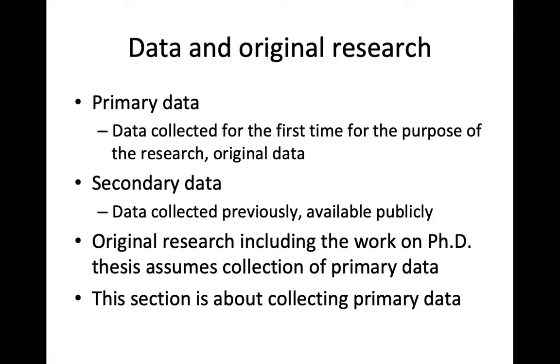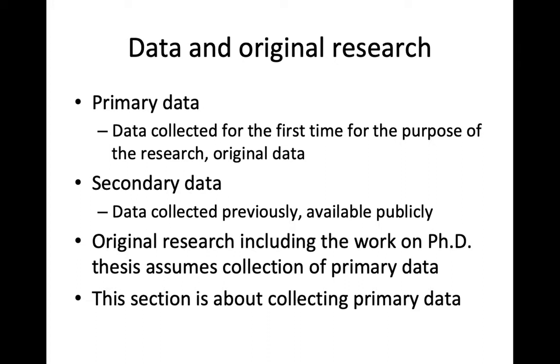We have talked about primary data and secondary data, and you saw that primary data are those collected for the first time for the purpose of the research, and they are usually some original data, while the secondary data are data that already exists, whether they are facts from literature or they have been collected for another purpose. All of this can be secondary data.